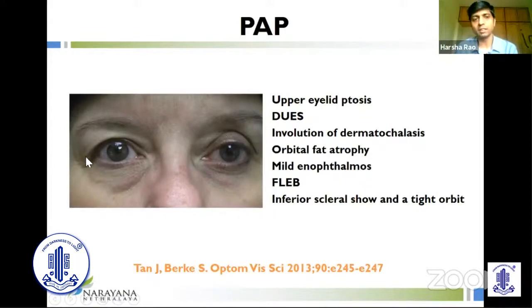If you look at the right normal eye, which has this excessive skin here, that's absent on the treated eye. Orbital fat atrophy, which also gives an impression of mild enophthalmos. Flattening of the lower eyelid bags. This is the flattening seen in the lower eyelid here compared to the normal eye. And then the inferior scleral show on a tight orbit.